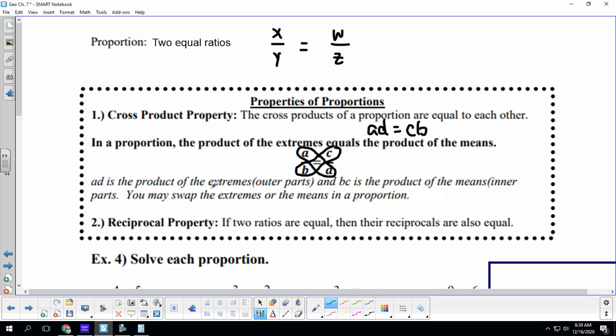AD is the product of the extremes, or the outer parts, and BC is the product of the means, or the inner parts. You can swap, this is just fun to do, you can swap the extremes or the means in a proportion. So I can switch C and B, or I can switch A and D.